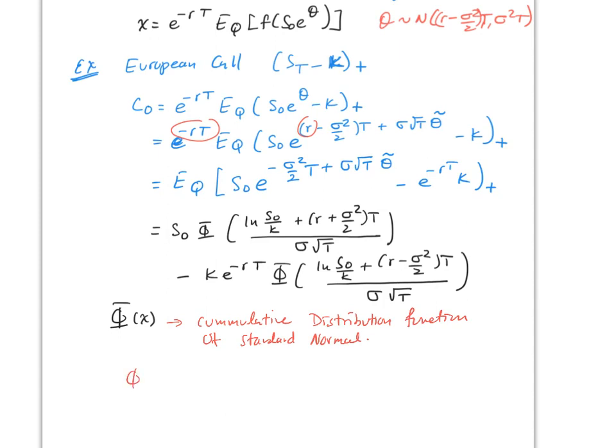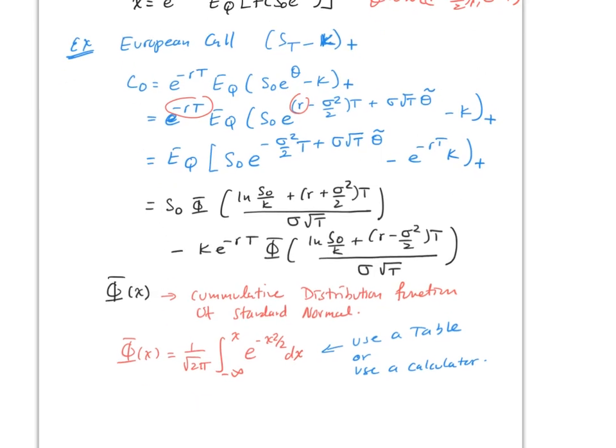So pretty much phi of x is the integral from minus infinity to x of e to the minus x squared over 2 dx. Now to find this, you want to be able to integrate it, so you have to either use a normal table, or a Gaussian table, or use a calculator like a TI-83 or 84.